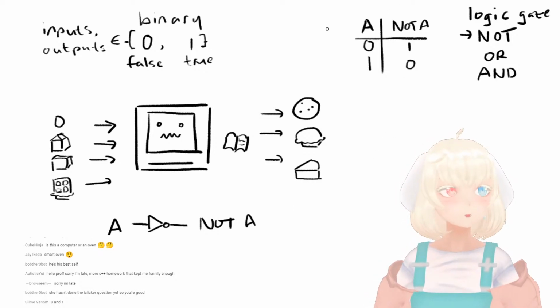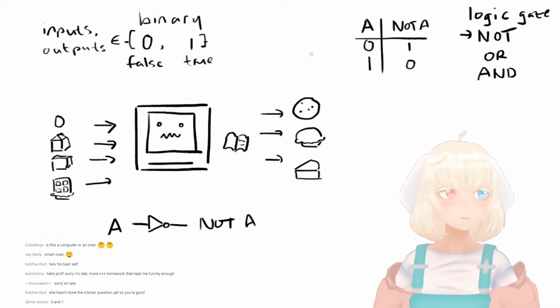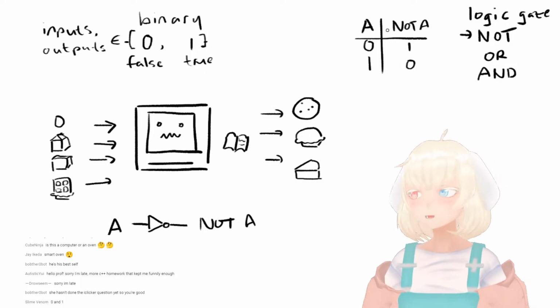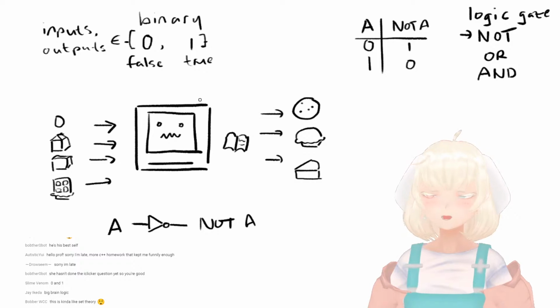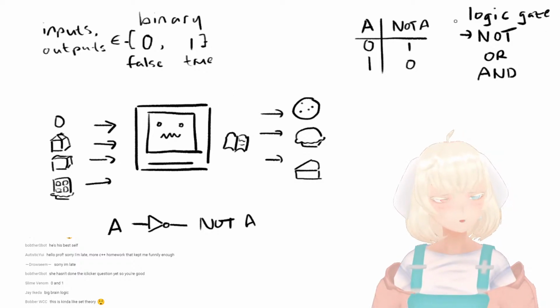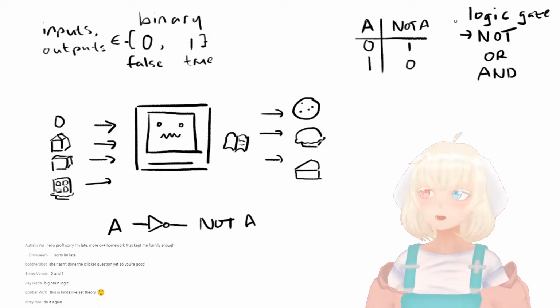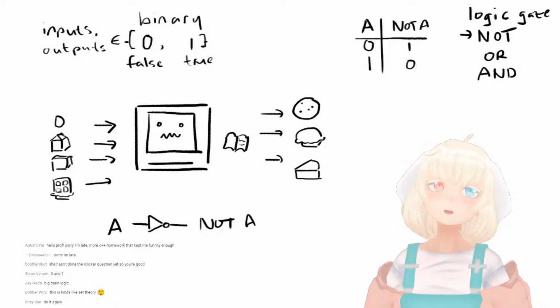Cool. So what we just made here is a truth table, and it's just a nice way to show all the possible combinations of inputs and outputs in a system like this. Yeah, it's very much like set theory, and that's why I said logic gates have a lot of connections with electronics, circuits, math. So in math specifically, you'll see a lot of concepts that are very similar to set theory.